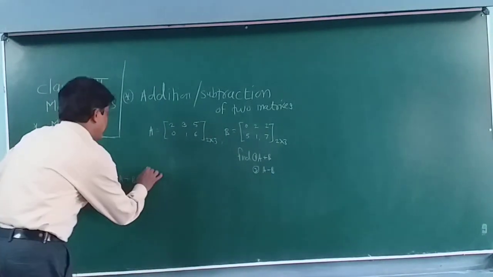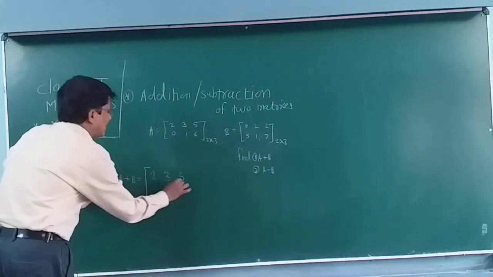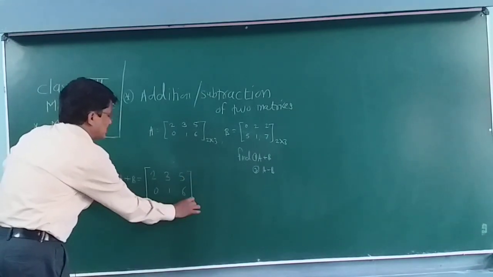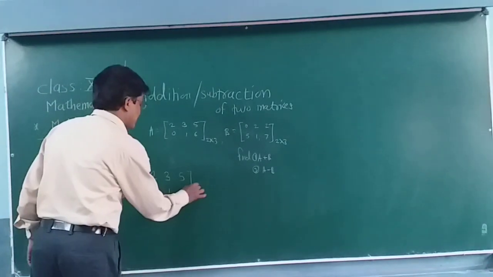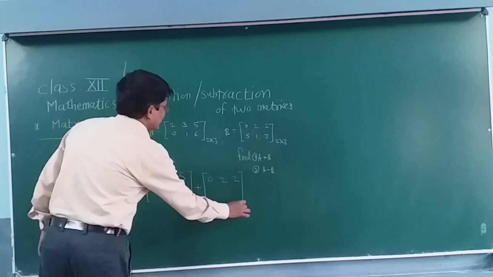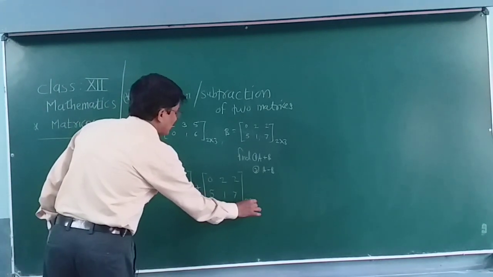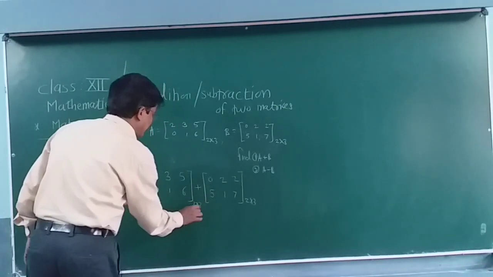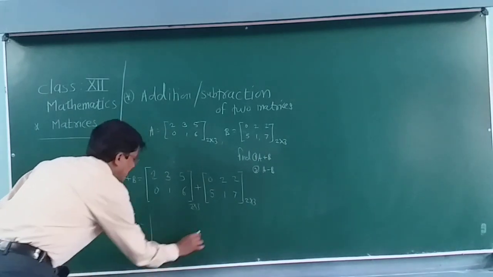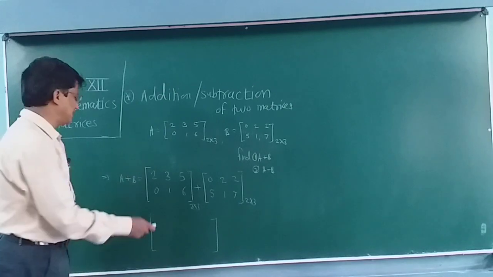So A plus B means 2, 3, 5, 0, 1, 6, which is the first matrix, plus the second matrix 0, 2, 2, 5, 1, 7, again order 2 by 3. And the addition is obtained by adding corresponding elements.